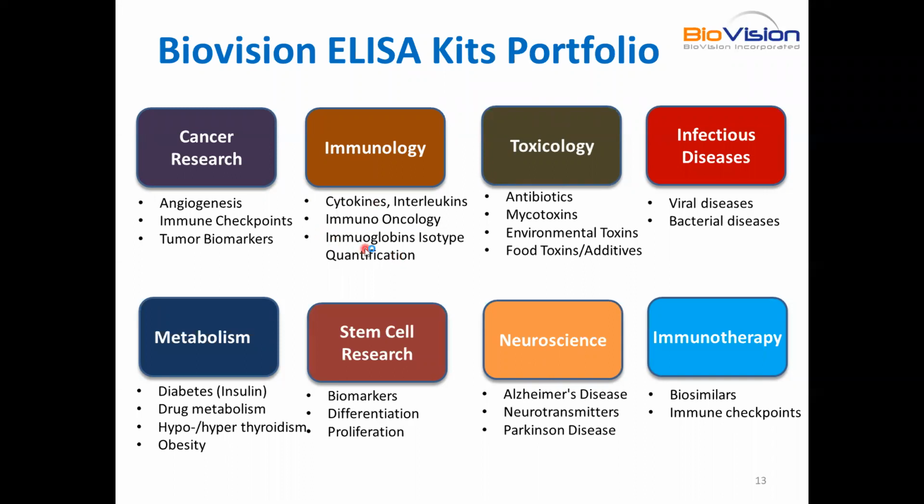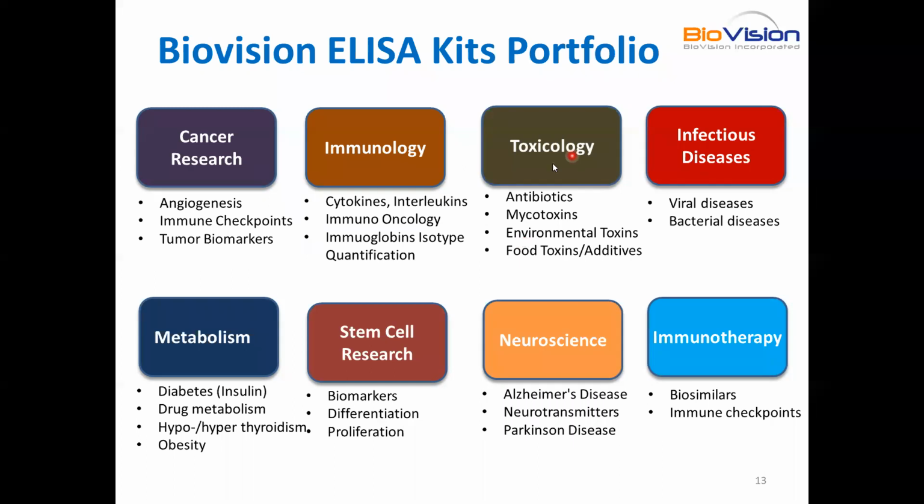And we have a very broad range of ELISA kits for toxicology research, which includes antibiotic research, the detection of mycotoxins, environmental toxins, food toxins, or food additives. I'm going to talk about this category in detail in a few minutes.